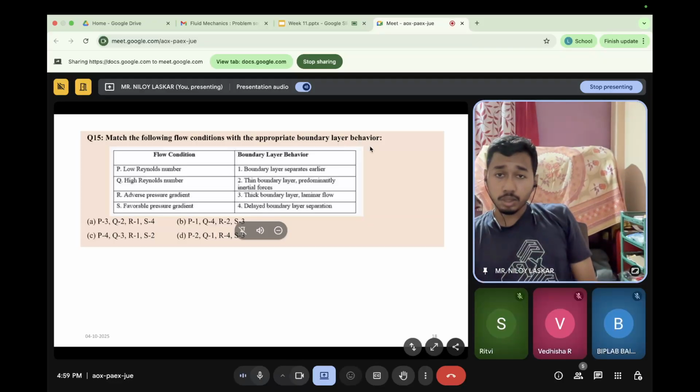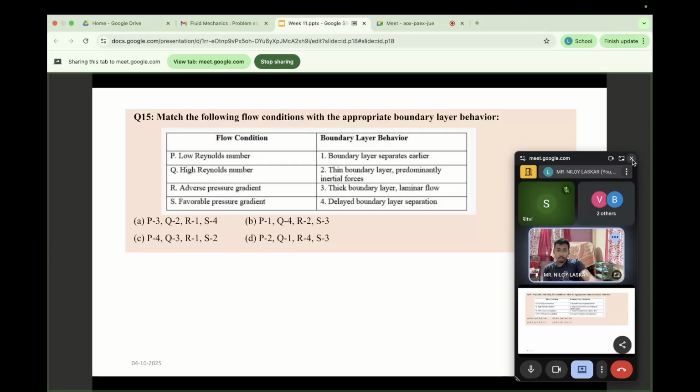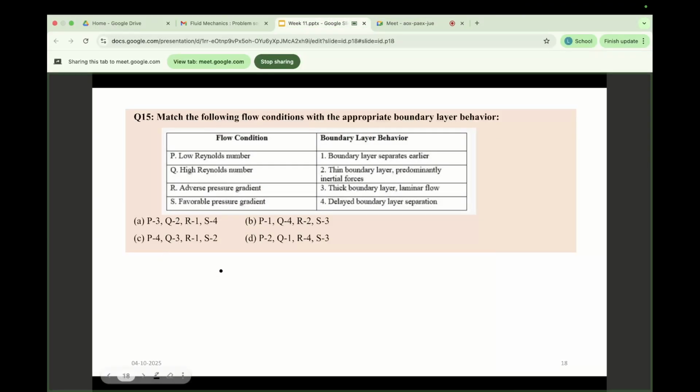Yes, Vidisha, you are correct. So low Reynolds number means inertial force by viscous force is low, so the viscous force should be more. So we know that if the viscosity is more, a thick boundary layer should be there, and so it is option C. So P corresponds to option 3.